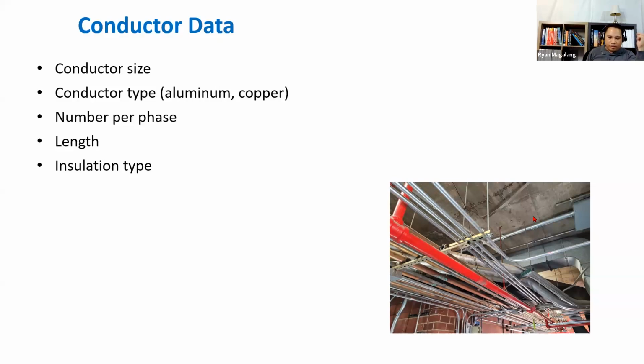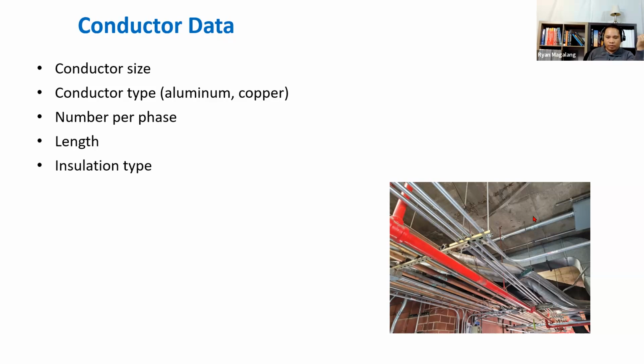So how does the conductor size affect your calculation? Well, like I said, a bigger conductor size, as we know, tends to have smaller impedance. Conductor type, aluminum or copper, as we will see later on, also has a different value of resistance, the coefficient of resistance.